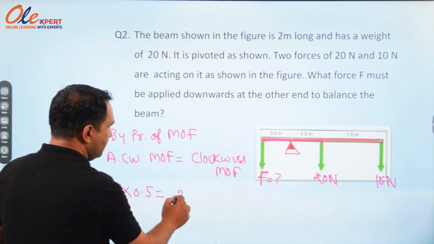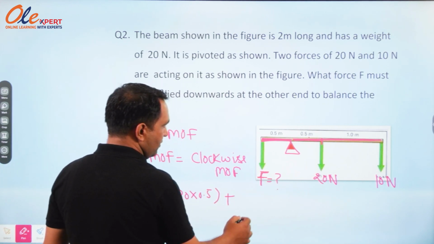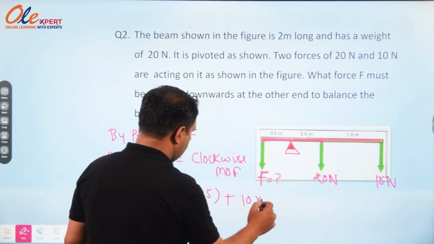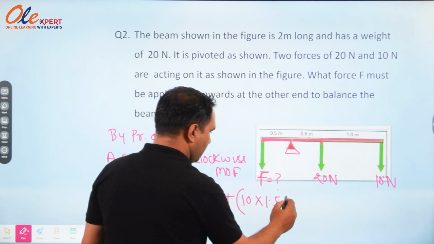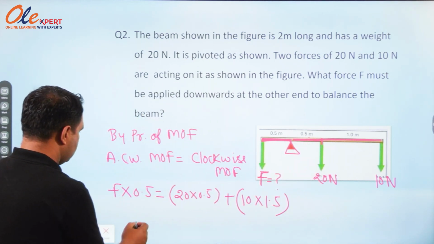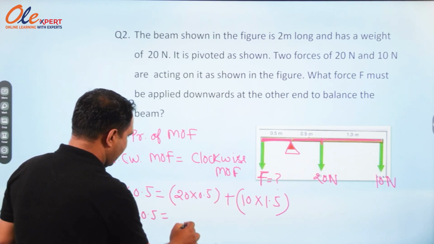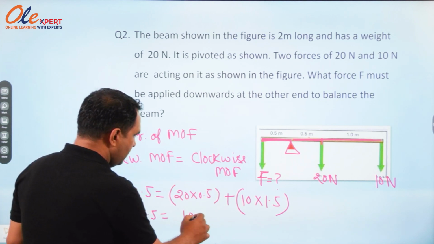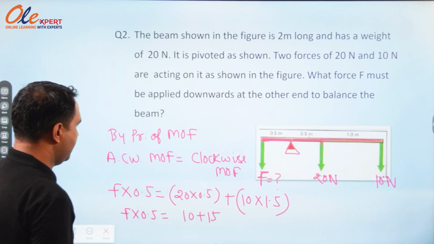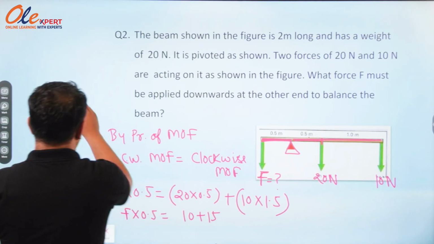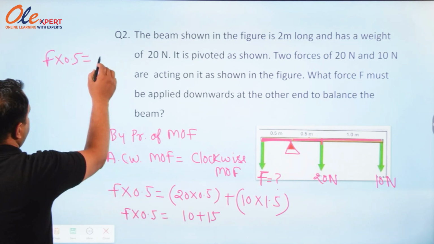So 20 into 0.5 plus 10 into 1.5, which is 1 plus 0.5. So what will be the result? F into 0.5 is equal to 10 plus 15, 10 plus 15, so F into 0.5 is equal to 25.